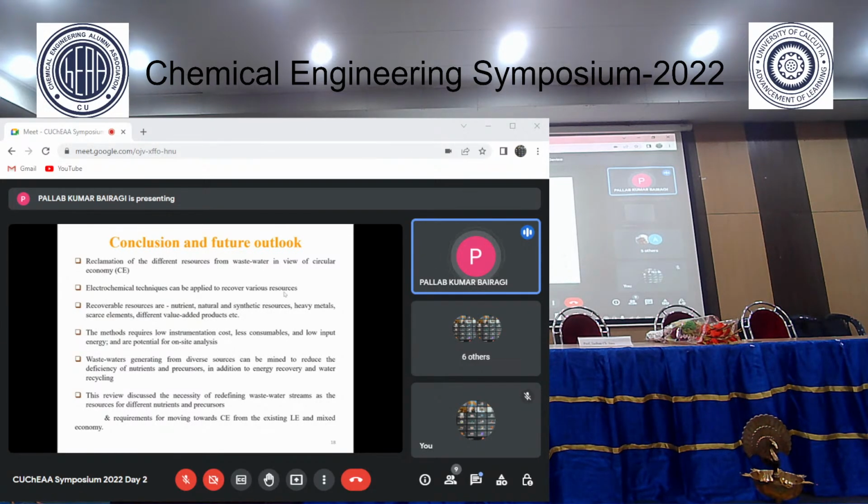The methods require low instrumentation cost, less consumables, and low input energy, and are potential for on-site analysis. Wastewater generating from diverse sources can be mined to reduce the deficiency of nutrients and precursor in addition to energy recovery and water recycling. And with this, I can conclude this review discusses the necessity of redefining wastewater stream as the resources for different nutrients, precursors, fertilizers, and other valuated products, and the requirements for moving towards circular economy from the existing linear economy and mixed economy.